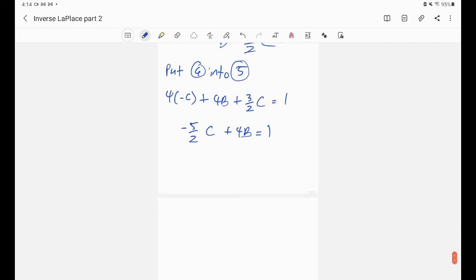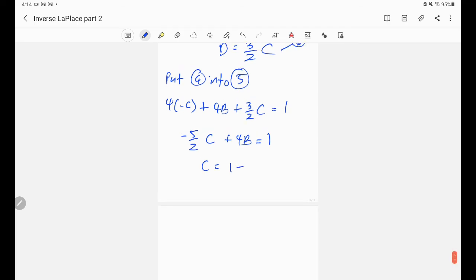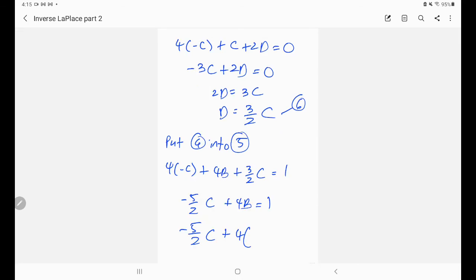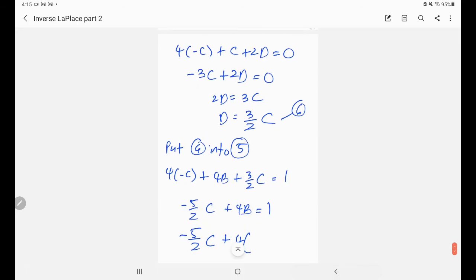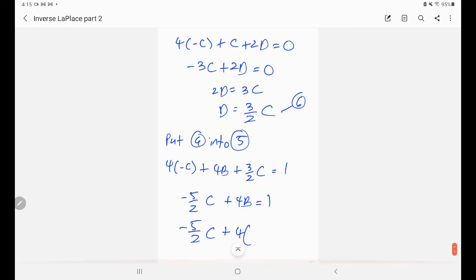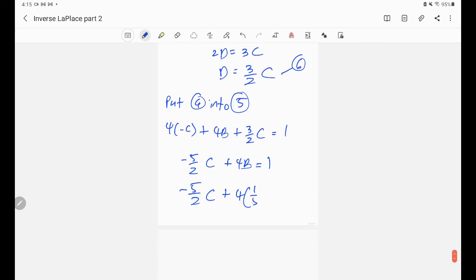So hold on, negative 5 over 2 C plus 4B, where B just now is 1 over 5, equals to 1.